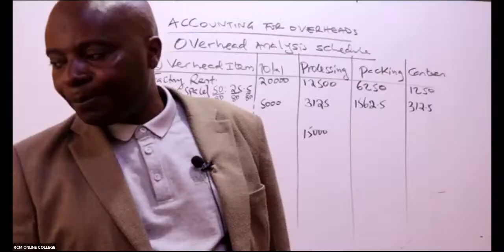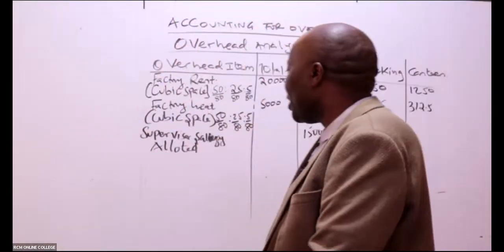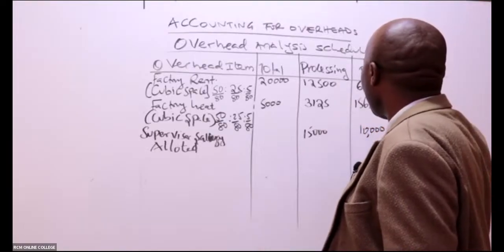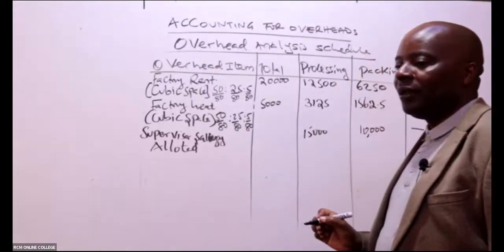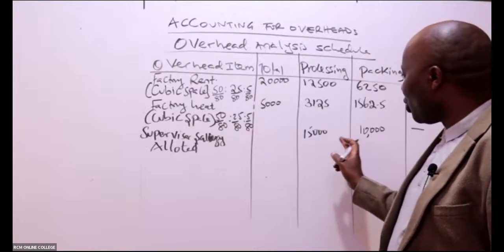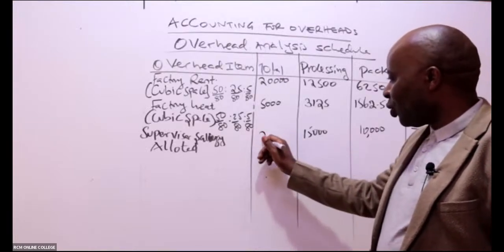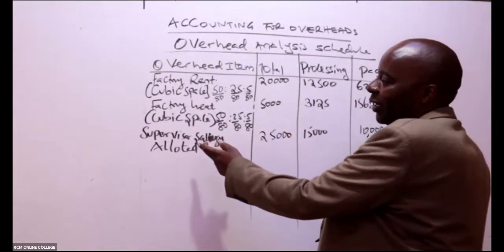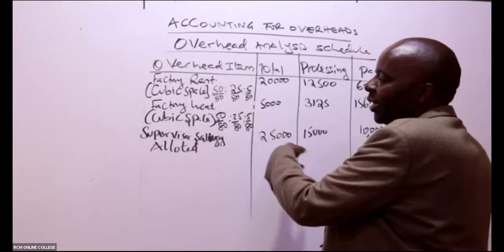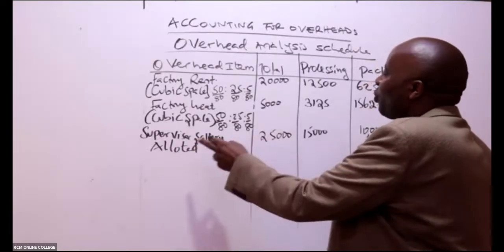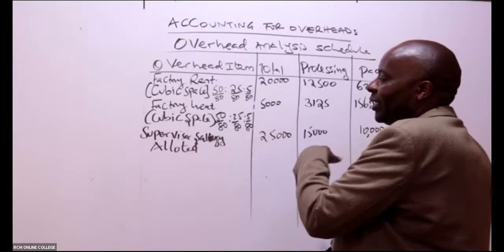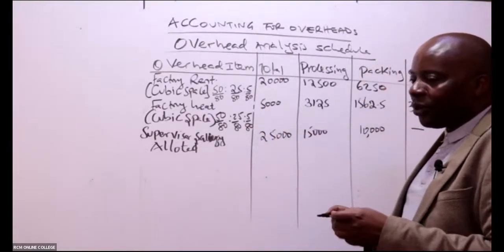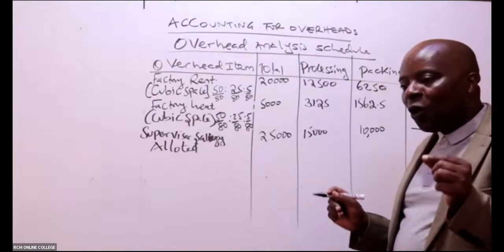Nothing is being given to the canteen. So if you do this approach, you'll be able to add the two and they give us a total of 25,000. However, you can still treat them separately. You can say supervisor packaging, supervisor processing, still the same. So these are allotted, or what some examiners will call allocated.